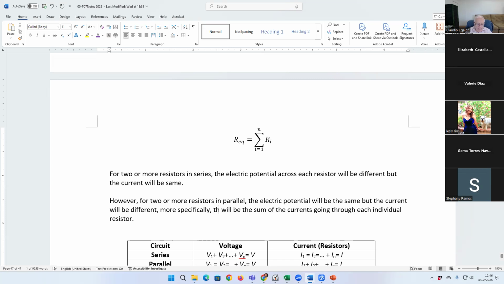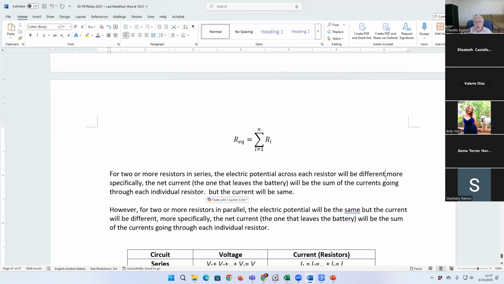More specifically, the net current, the one that leaves the battery, will be the sum of the current going through each resistor.